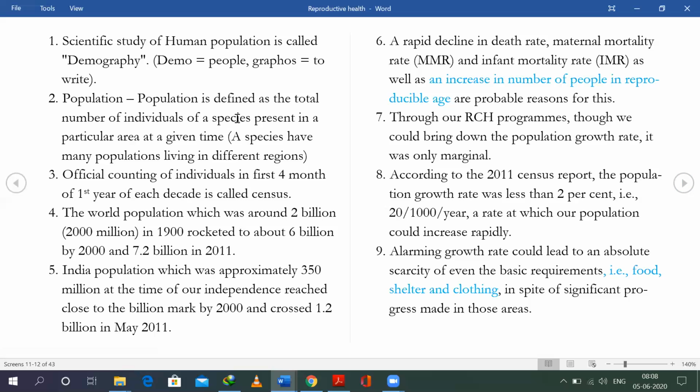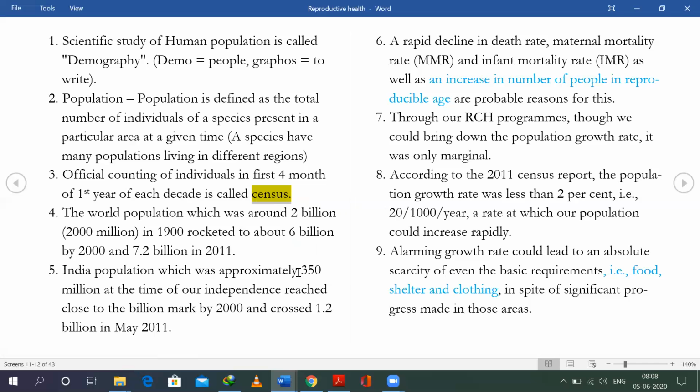The human population count is normally called the census. In India, it is taken in the first 4 months of a decade.